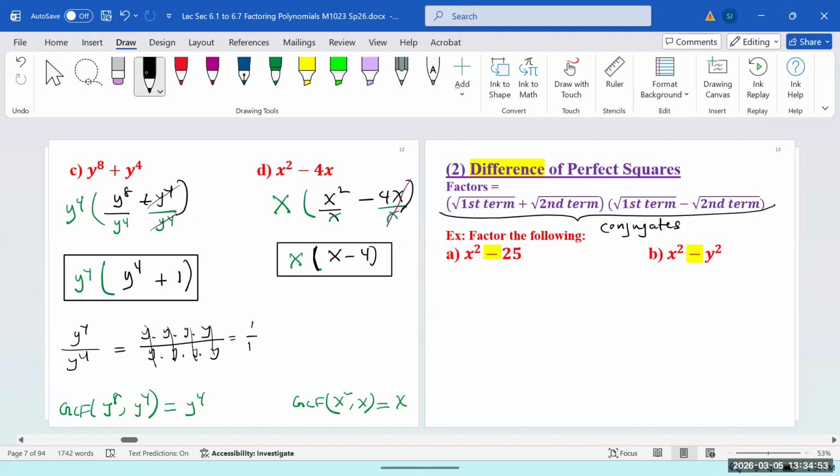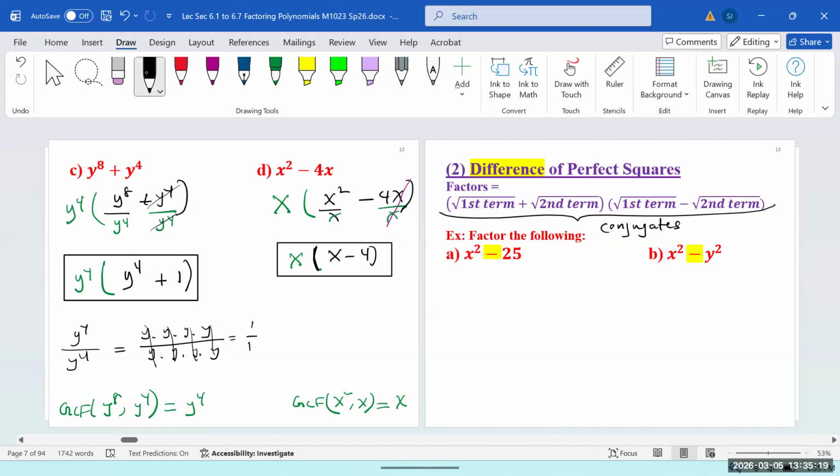Then you add them and subtract them. Square root of the first term plus the square root of the second term, that's factor 1. Square root of the first term minus the square root of the second term, that's your second factor. And that's how you have 2 factors for your difference of perfect squares.